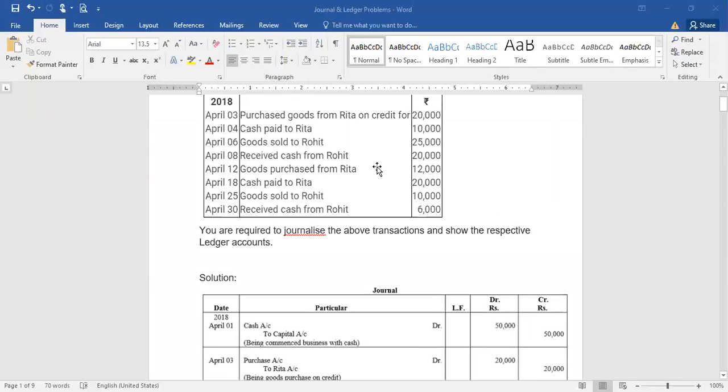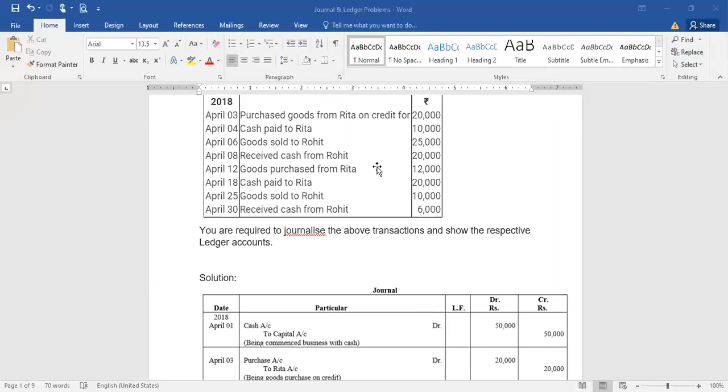Next transaction is goods sold to Rohit. Here cash is not mentioned, so therefore it will be a credit transaction. Goods sold to Rohit, so goods are going out. So it's sales. Rohit is another account. Rohit is personal, sales is real.